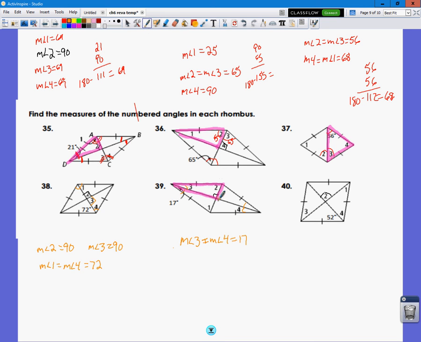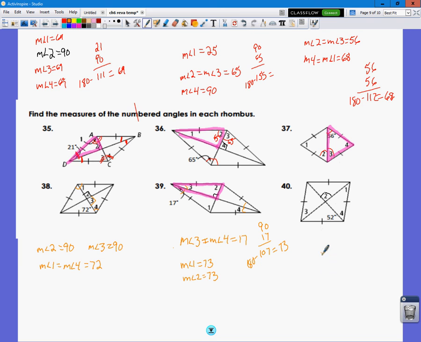I've used 17 and I've used 90. 90 and 17 is 107 degrees. So the remaining angle in the triangle would be 73 degrees. So angle 3, angle 1 is 73. Angle 2 would be the same.